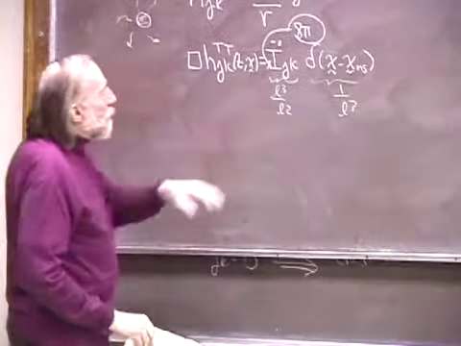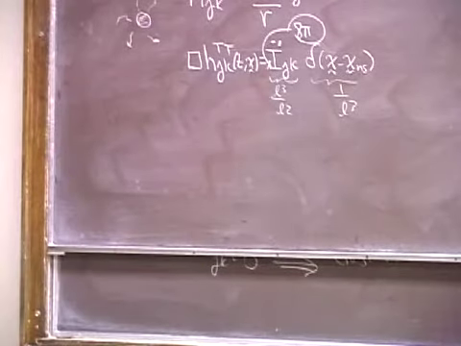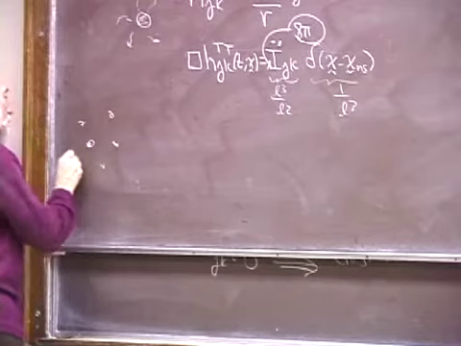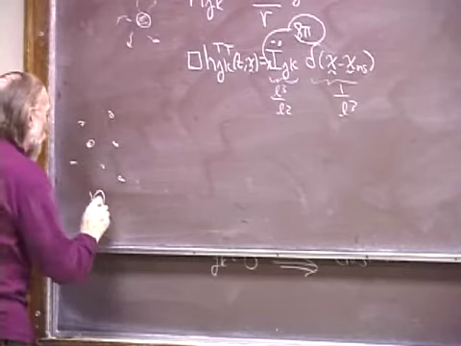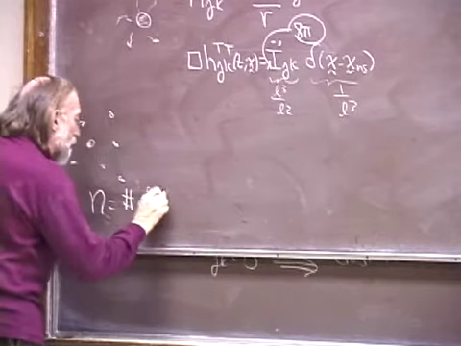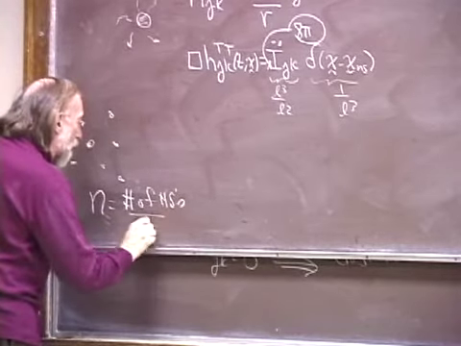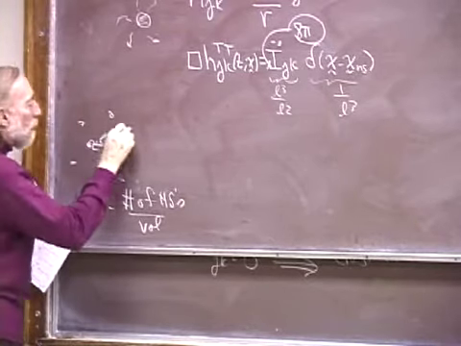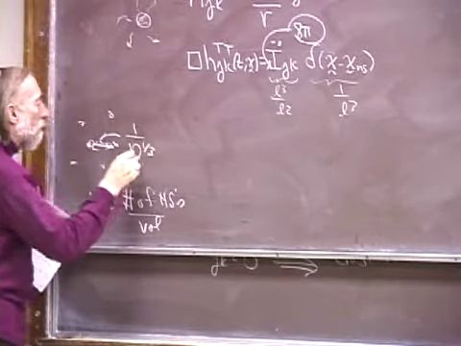Now, if this is the emission from a single neutron star, and if instead I have a cloud of neutron stars with mean number density, that's the number of neutron stars per unit volume, n, so that the mean separation between the neutron stars is 1 over n to the 1/3.